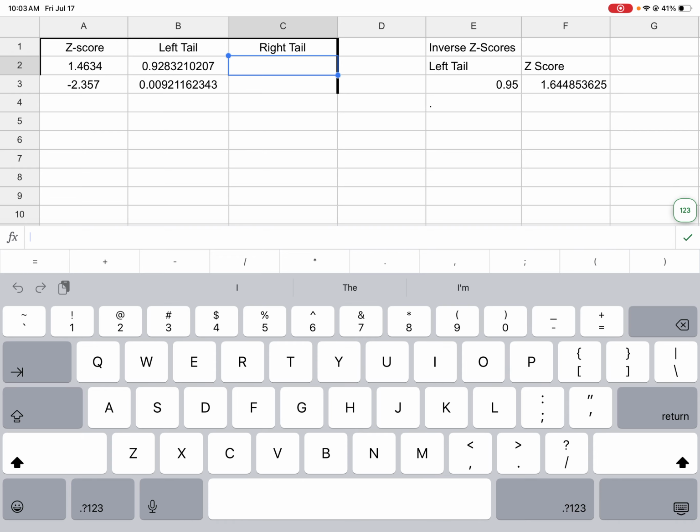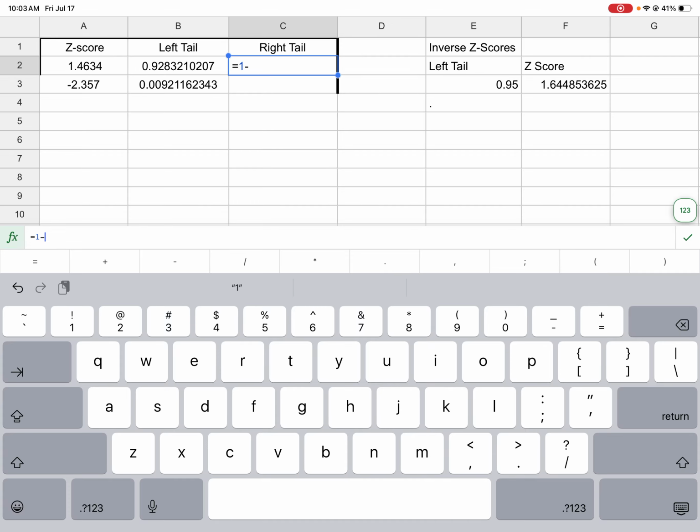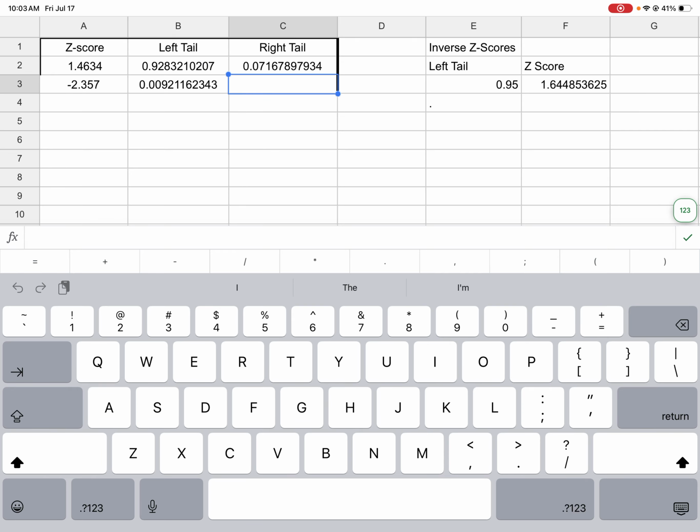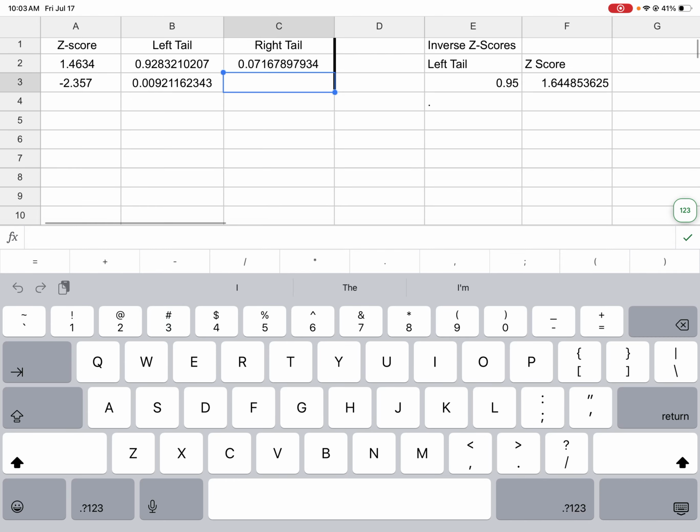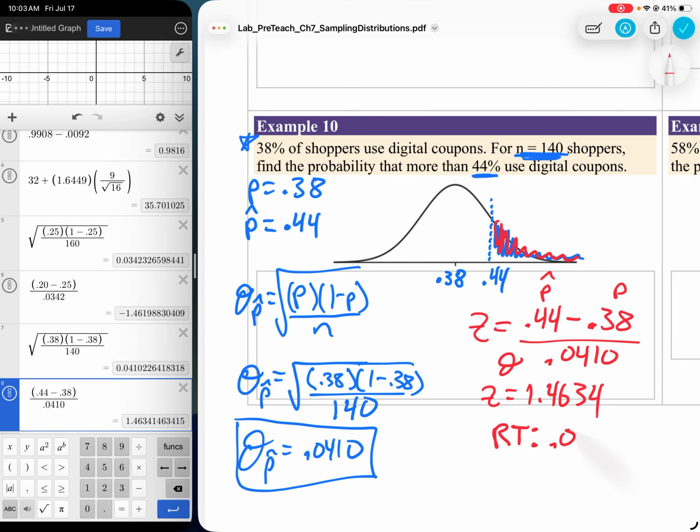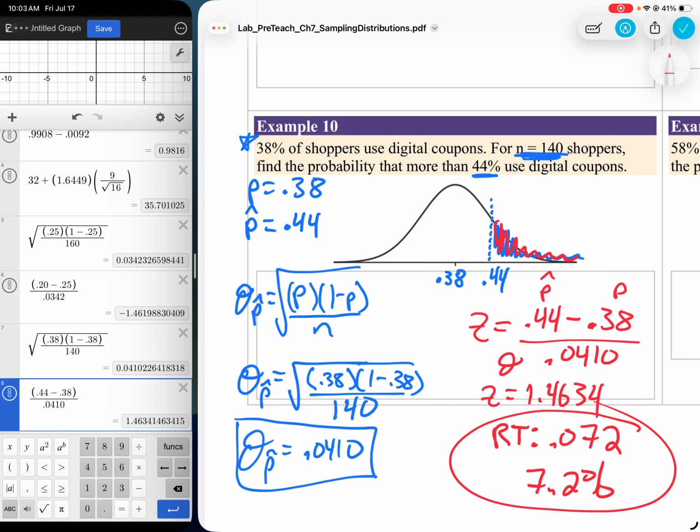So all I need to do is go equal 1 minus, click on the left tail, and that's our answer, 0.072. So a 7.2% chance that if we took a sample of 140 people, more than 44% of that sample would actually use their coupons.